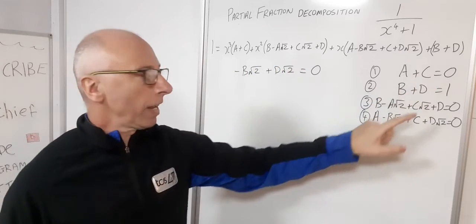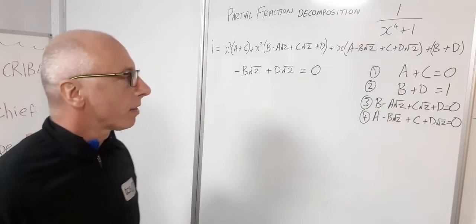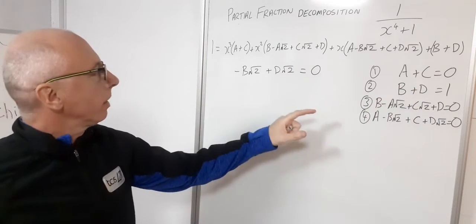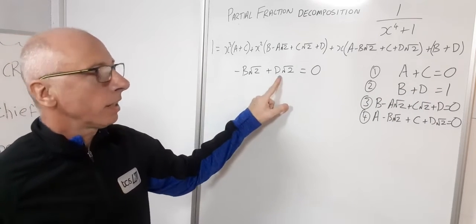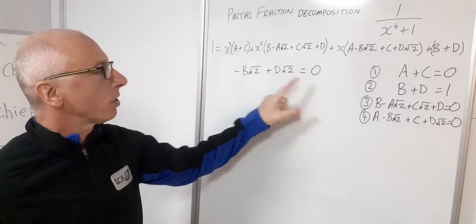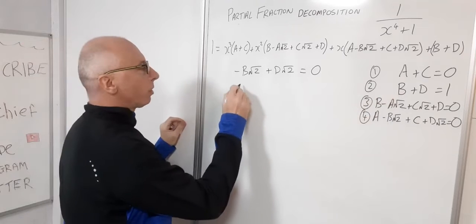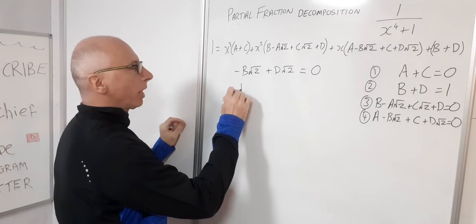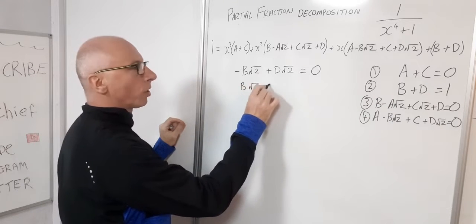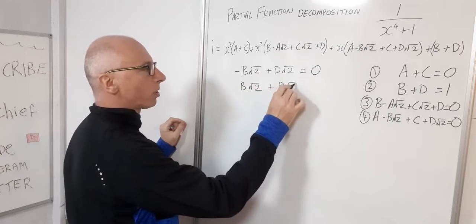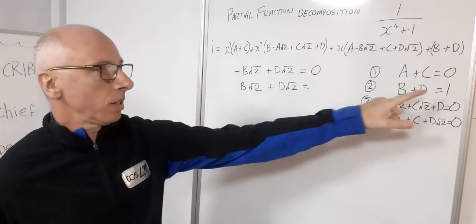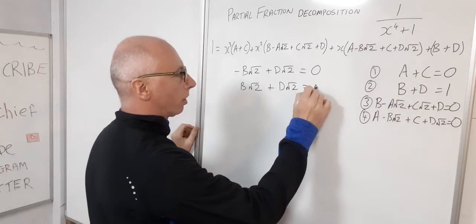So with that fact there, this equation stands. And then as I've got a b and a d here, I can set up some simultaneous equations if I multiply this by square root of 2. So I've now got b times square root of 2 plus d times square root of 2, and as it's 1, multiply that by square root of 2.